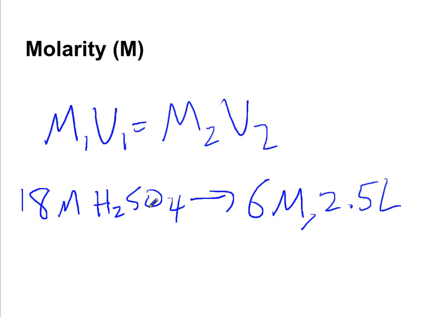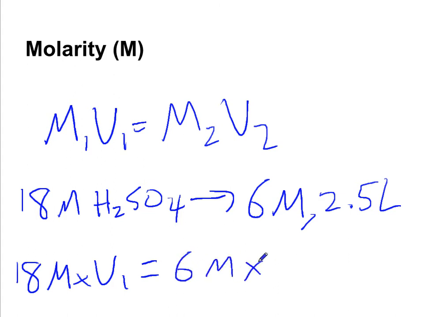Well, I can plug that stuff into this equation to figure out how much of the 18 molar sulfuric acid I need to make 2.5 liters of 6 molar sulfuric acid. I plug 18 in as my M1. I'm solving for the volume of the stock solution, the concentrated solution. I'm trying to make 6 molar solution, and I'm trying to make 2.5 liters of it.